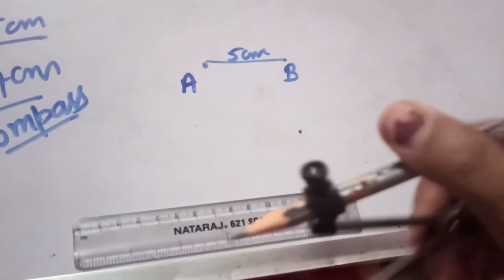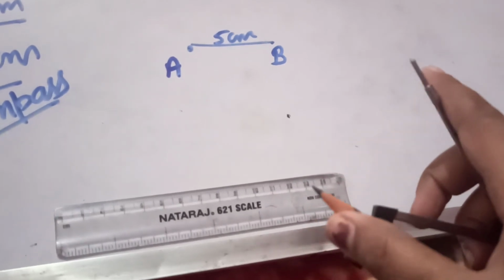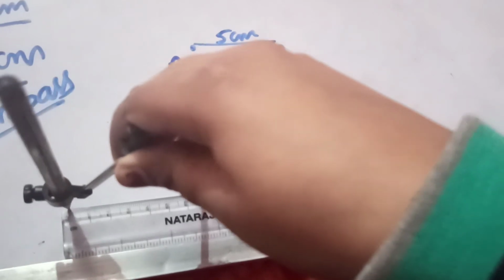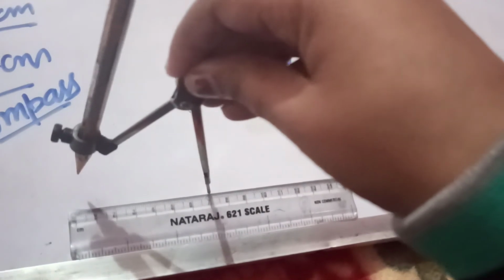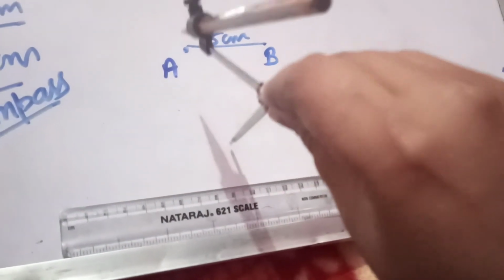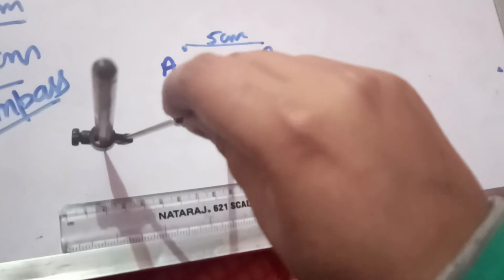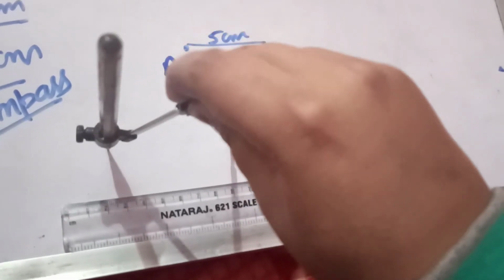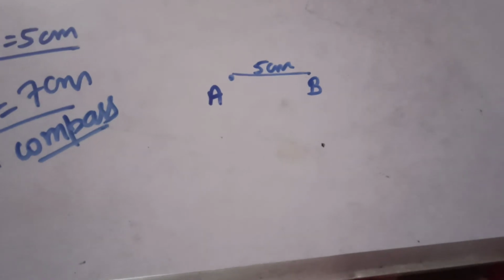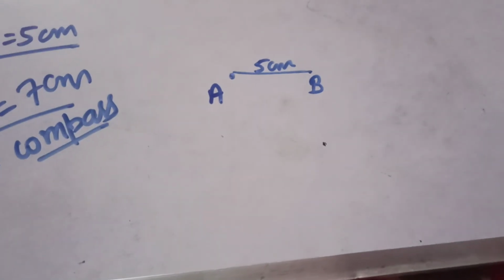Move it lightly, and now see, 7 and 0, right? So see once again, 7 and 0. Clear? Now anywhere I will keep this tip, and where I kept this pencil, the difference between these is 7 centimeter, and now you will join and you will get the line of 7 centimeter with compass and ruler. Clear?